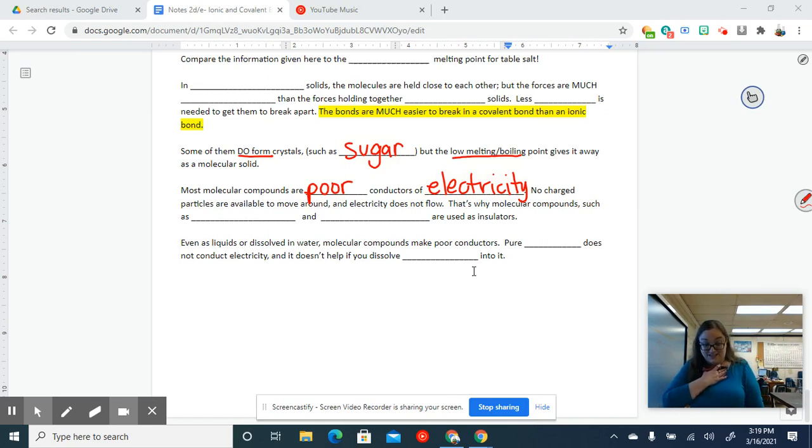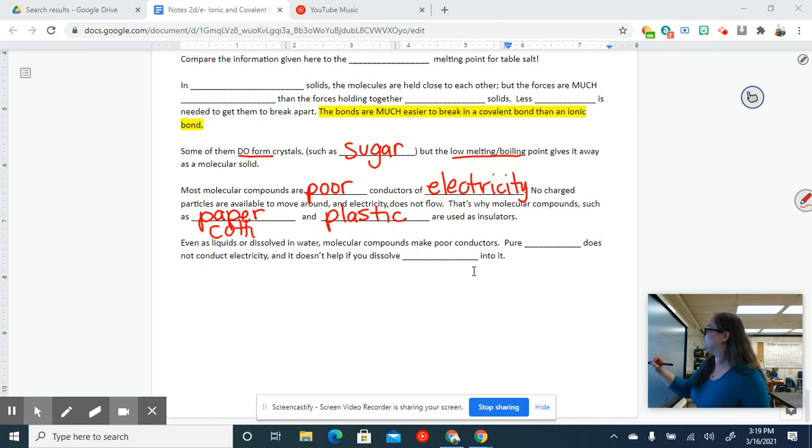We conduct electricity because we are just squishy bags of salty water. And that salt water is what allows the electricity to flow that makes me be able to do this and think 2 + 2. So that's why molecular compounds such as paper and plastic are used as insulators.